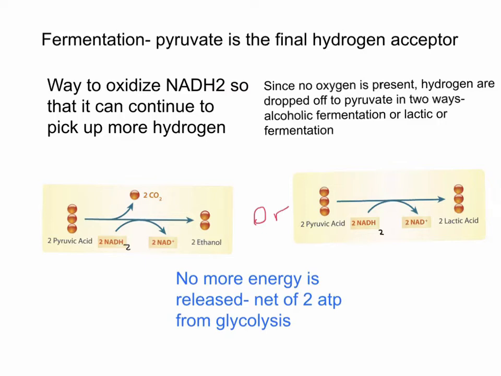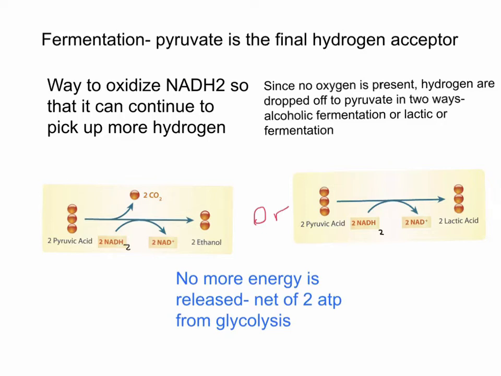Fermentation doesn't produce any more ATP. It is just a way to drop off these hydrogens so that NAD can go back and pick up more during glycolysis. Because if all the NAD get full with hydrogen and can't drop them off, eventually glycolysis is going to stop because there's no way to pick up those hydrogens.